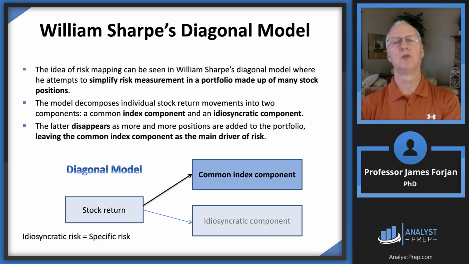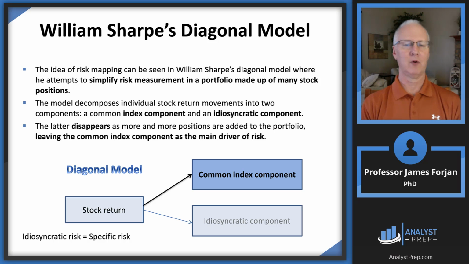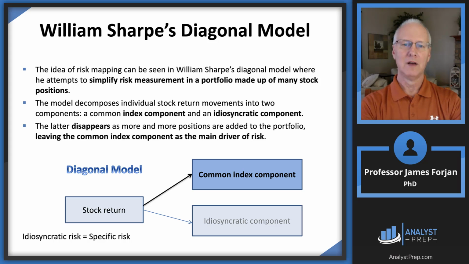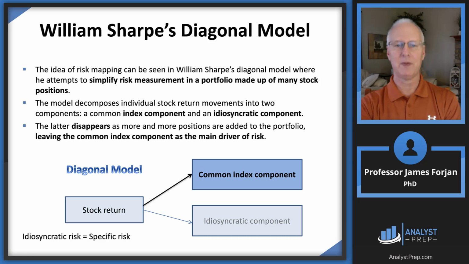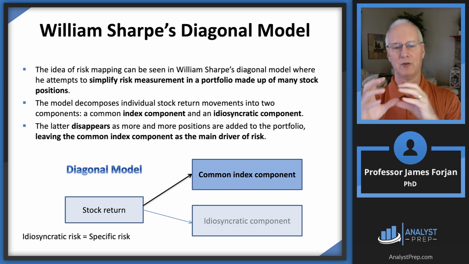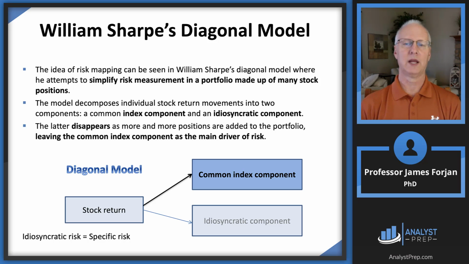More stocks or more bonds or just more positions, the idiosyncratic component kind of goes away. In the academic world, we say that idiosyncratic risk virtually disappears. But as it applies to this value at risk mapping, it's still going to remain. So notice what I have. The latter disappears as more and more positions are added, leaving the common index component as the main driver of risk. So we're going to try to capture the main drivers of risk to go back to explaining value at risk.